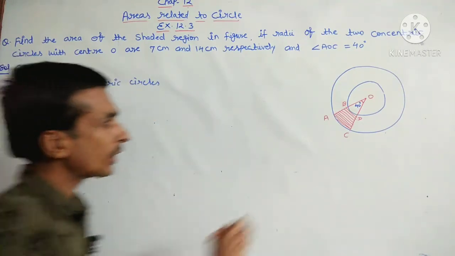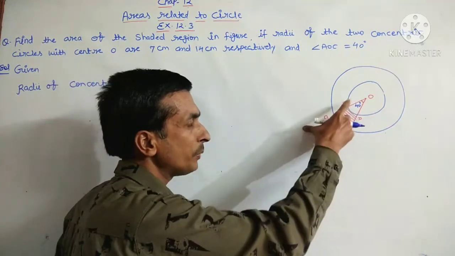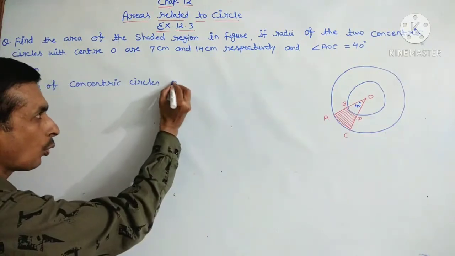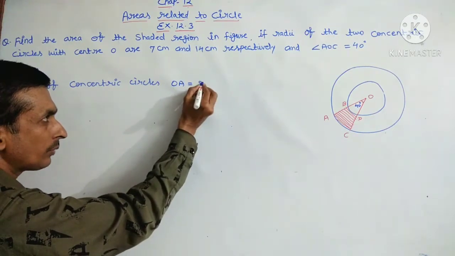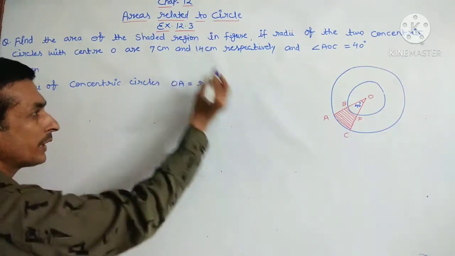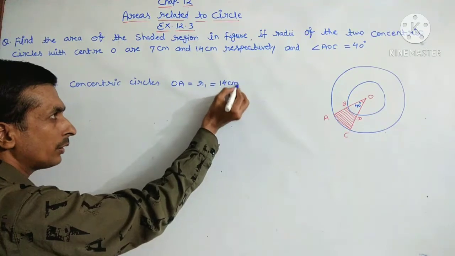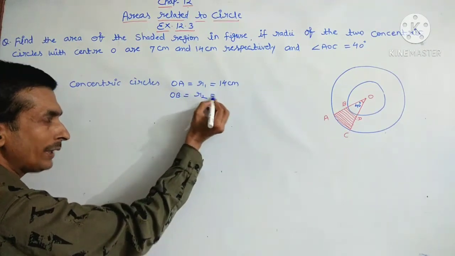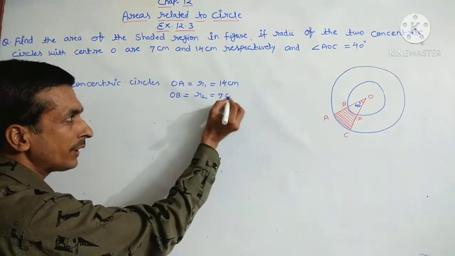First we will talk about OA. OA is the bigger radius, and OB is the shorter. OA equals R1, and that is 14 centimeters. Next is OB. OB equals R2, and that will be 7 centimeters.